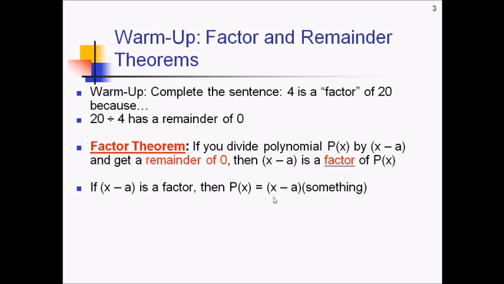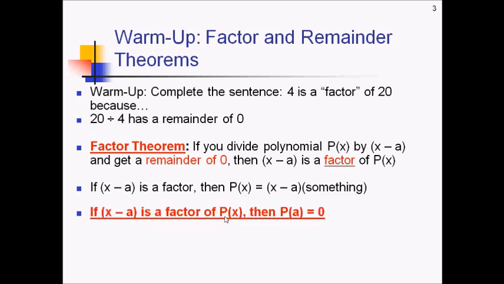If you were to plug in a for x, a minus a would be 0, and then all of this stuff would come out to 0. So that means that p of a then has to be 0. If x minus a is a factor of p of x, that means you can factor it up like this and plug in a, and you can get 0.